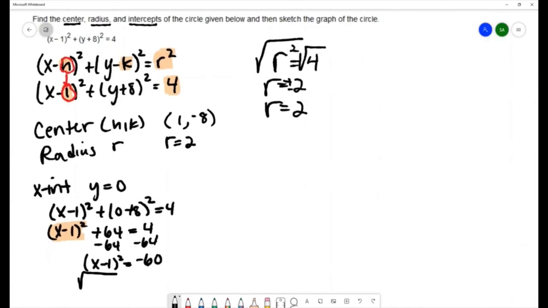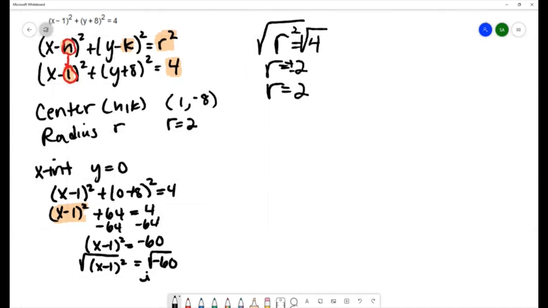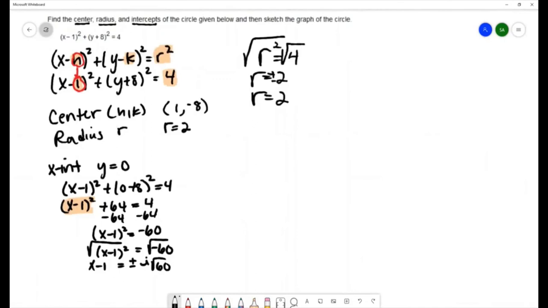If I were to square root both sides to get rid of the square, I have the square root of a negative, which will produce an imaginary solution. So I know that that indicates that there are no x-intercepts for this circle.